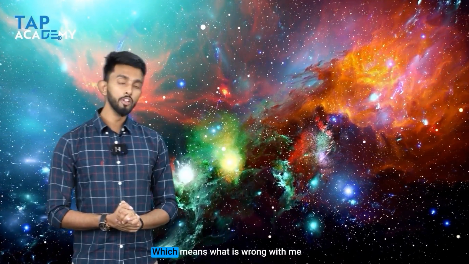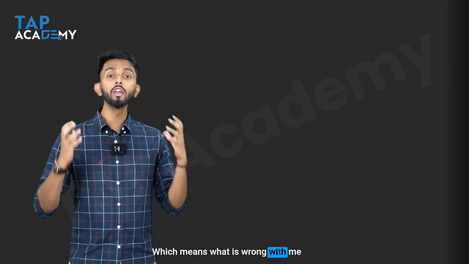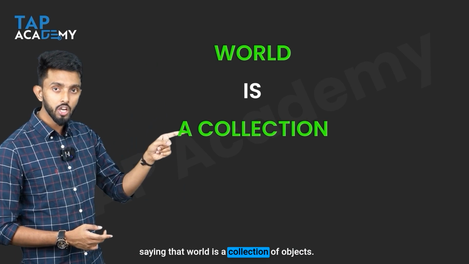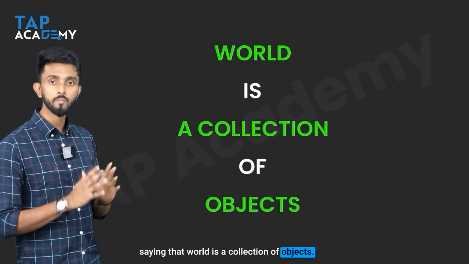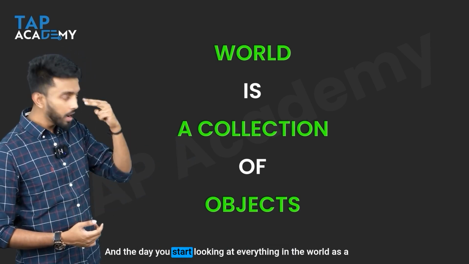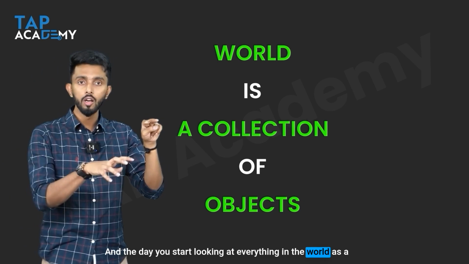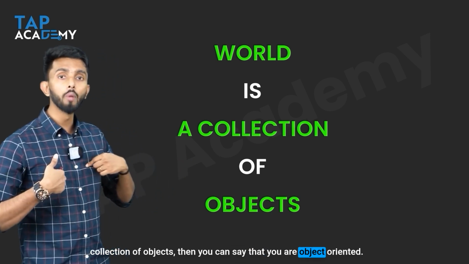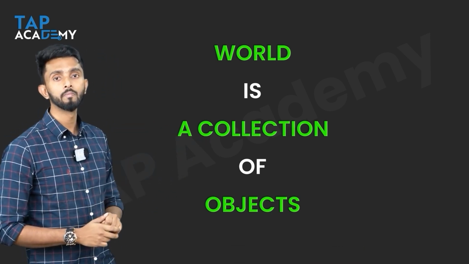Yes? Which means, what is wrong in me saying that the world is a collection of objects? World is a collection of objects. And the day you start looking at everything in the world as a collection of objects, then you can say that you are object oriented.